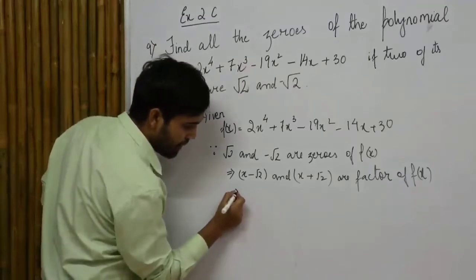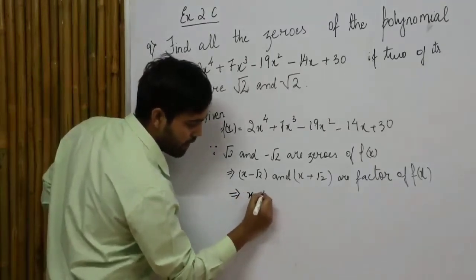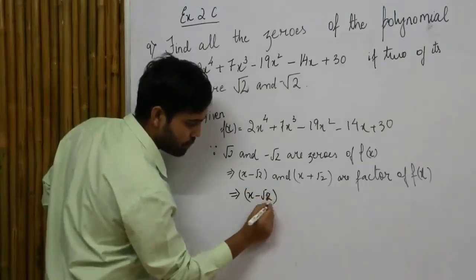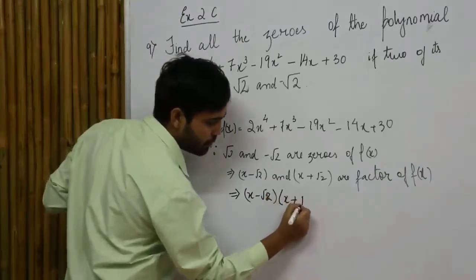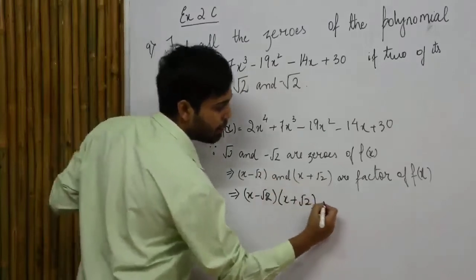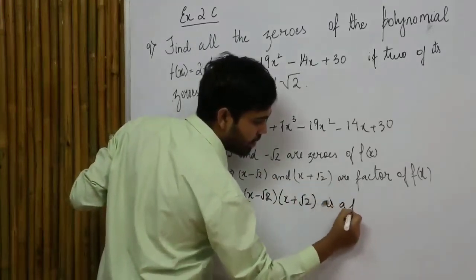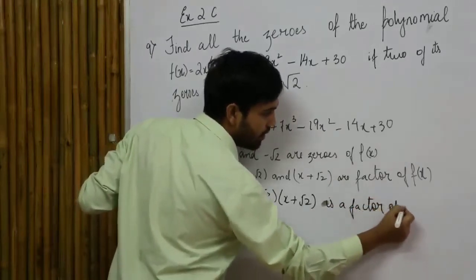Again, this will imply the product of these two polynomials, that means x minus root 2 and x plus root 2, will again be a factor of f of x.